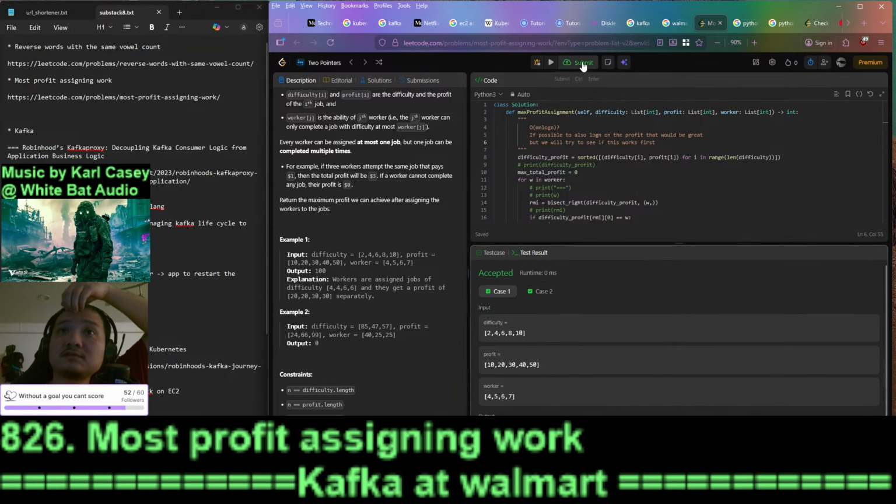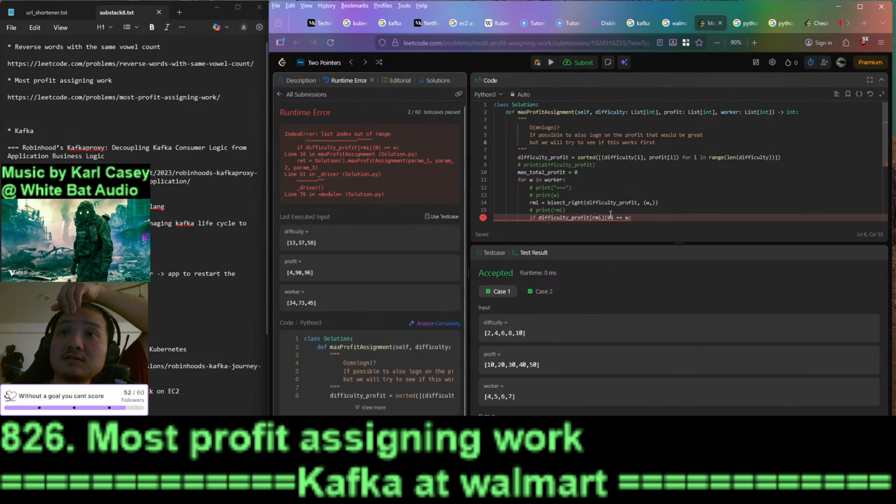Okay, submit. Let's see. What? Index out of range.